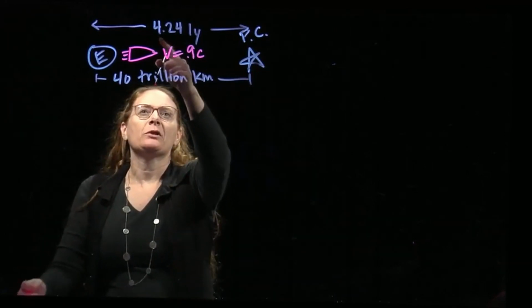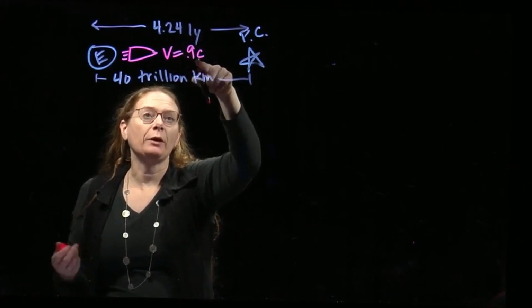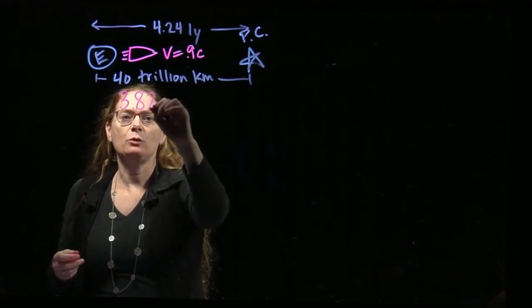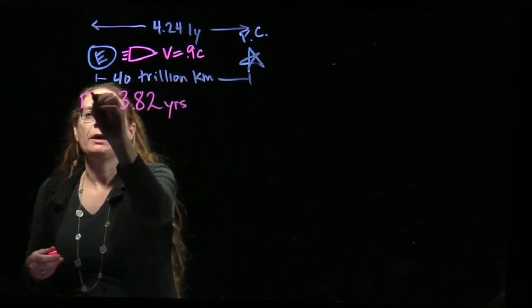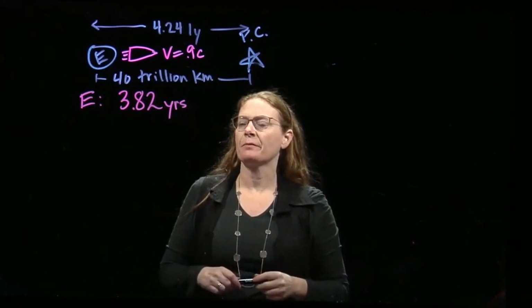Well, if it took 4.24 years at light speed, then it's going to take 0.9 of that, and that's going to give us 3.82 years. So in Earth's time frame, that trip takes 3.82 years.